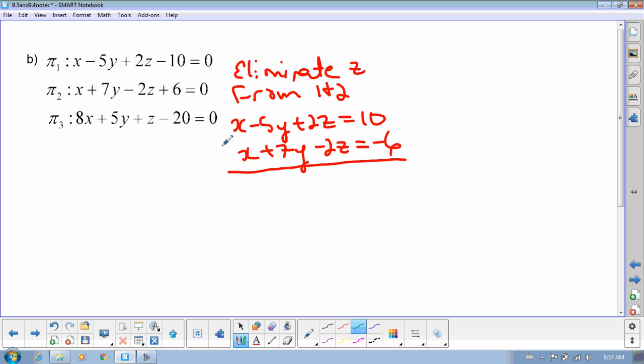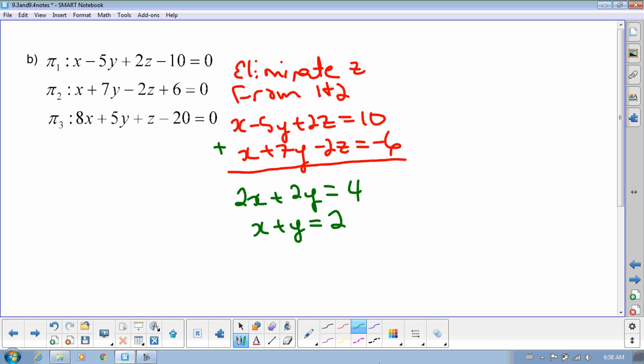So when I do that, the z's are opposite signs, so I'm going to add them to make them 0. So x plus x is 2x. Negative 5y plus 7y is going to be plus 2y equals 10 plus negative 6 is going to give me 4. I can reduce this. Should you reduce? Yes, because then it's sometimes easier to see scalar multiples. So I have x plus y equals 2.